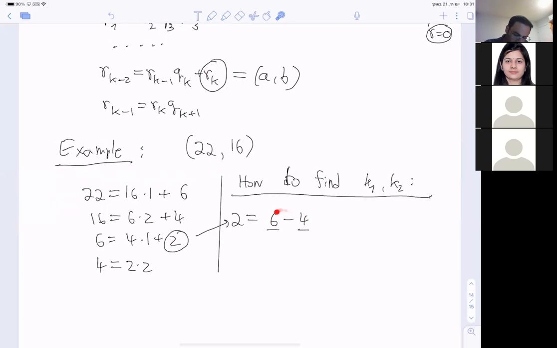These are two remainders, but the later one is 4. You see, it is below 6. So instead of 4, I'm going to write 16 minus 2 times 6, that is 16 minus 12. This comes from here. So instead of 4, I've written 16 minus 12 in this way.